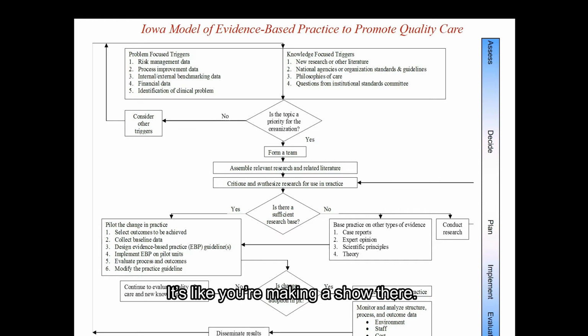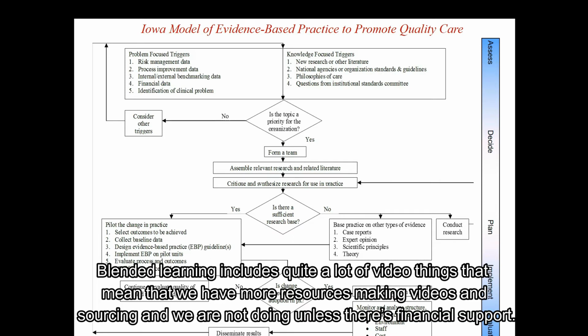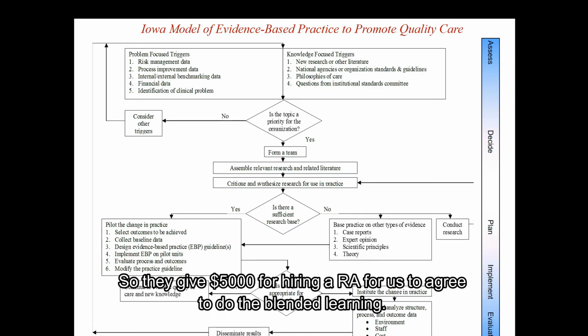It's like you're making a show there. And blended learning includes a lot of video, which means we need more resources for making videos and sourcing. And we are not doing it unless there is financial support. So they gave 5,000 Singapore dollars for hiring an RA for us to agree to do the blended learning.